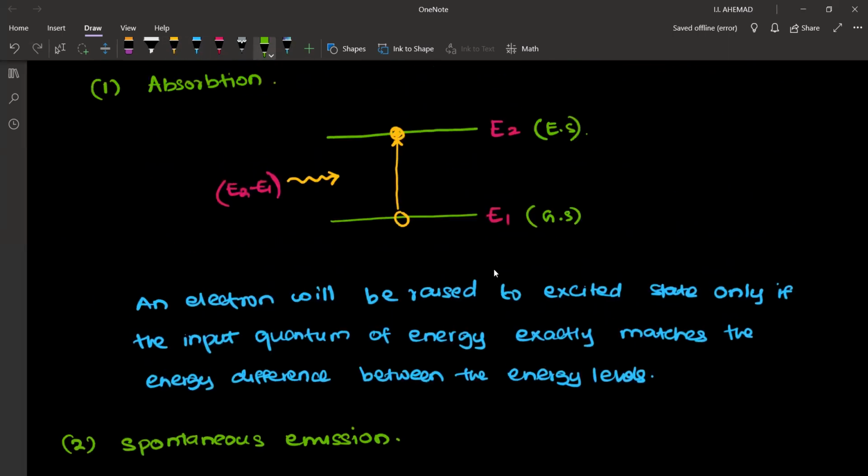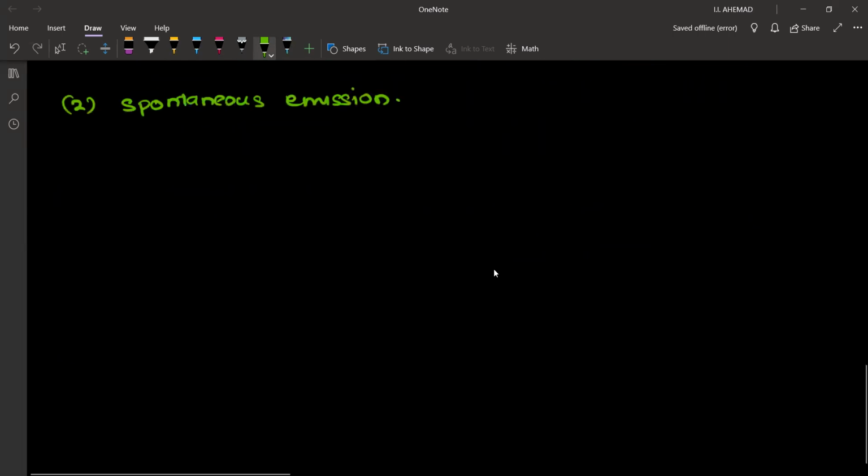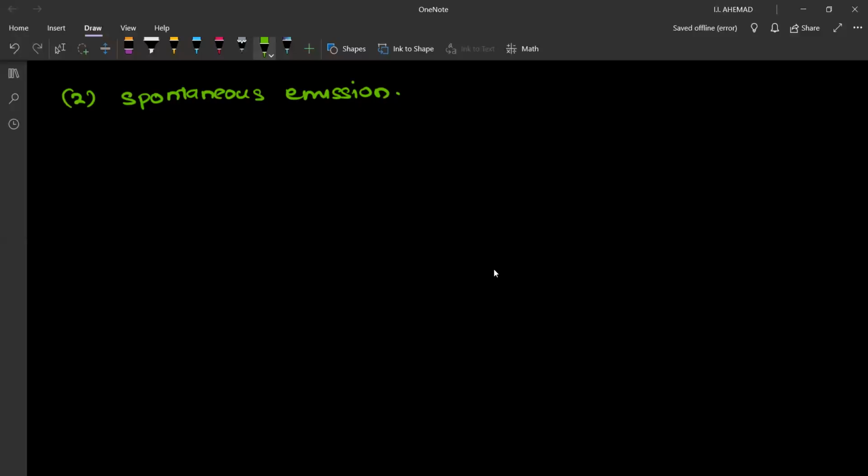Now, this is gaining energy to get excited. In spontaneous emission, it loses energy to fall back to the ground state. So initially, the electron is already in the excited state, and it falls back to the ground state. So it is in the excited state E2 and falls to E1.